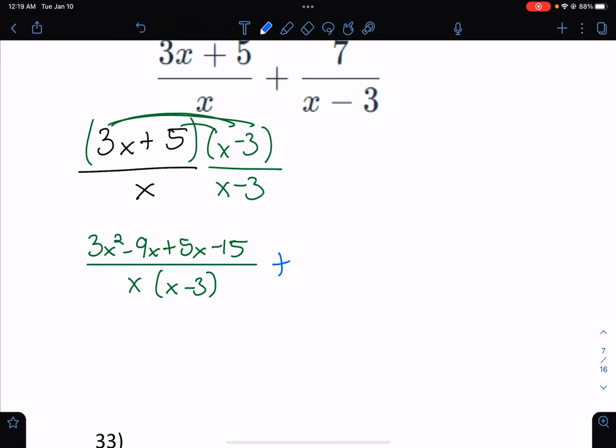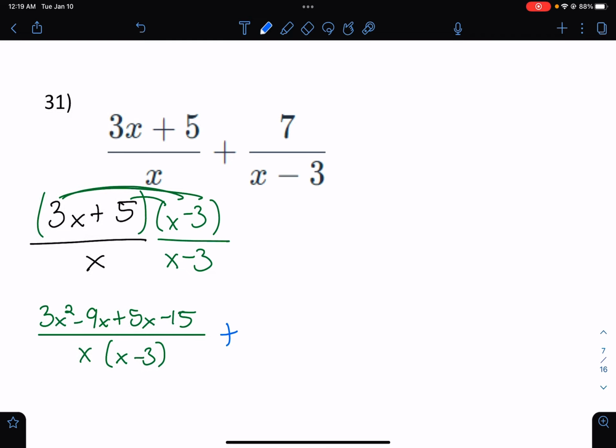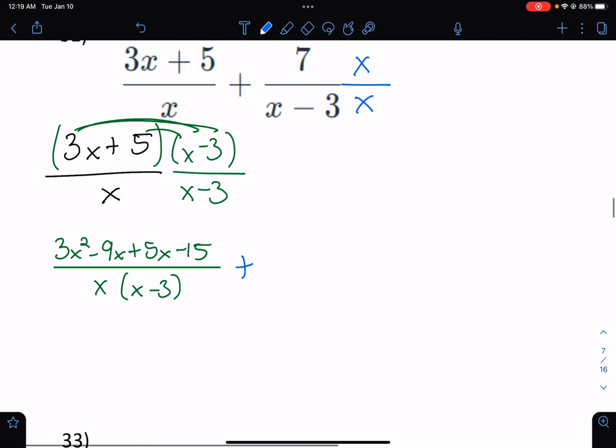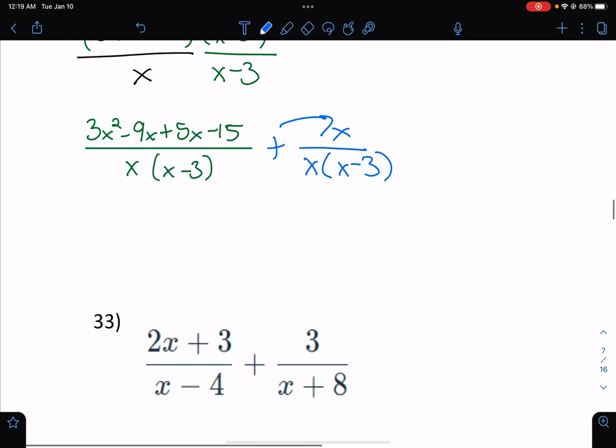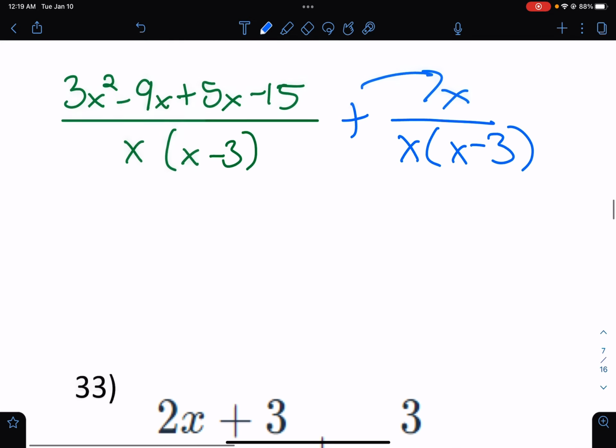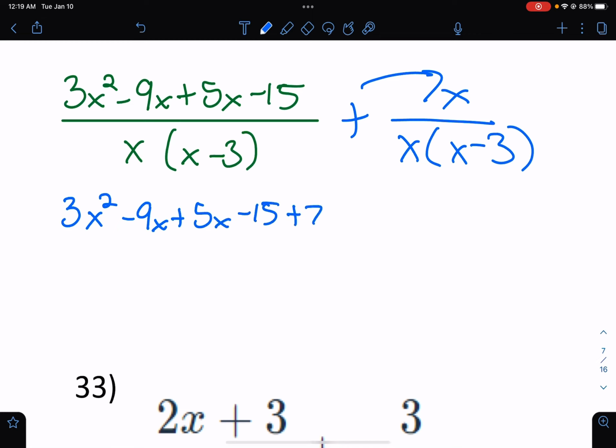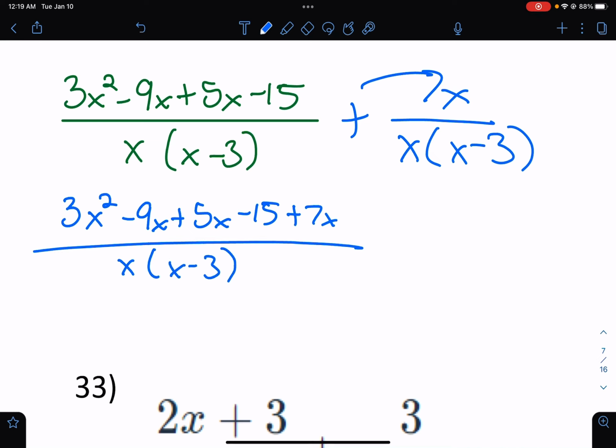Now, we've got this second guy. He's missing an x. He's a lot easier. We just multiply the top and the bottom by x. So I end up with 7x all over x minus 3. Okay, now this is addition, so essentially we're just going to be combining like terms. So on the top, we've got 3x squared minus 9x plus 5x minus 15 plus 7x all over x minus 3.